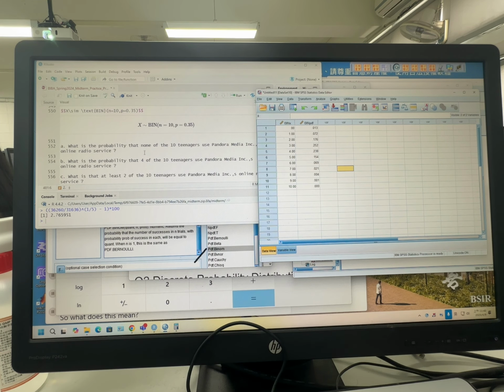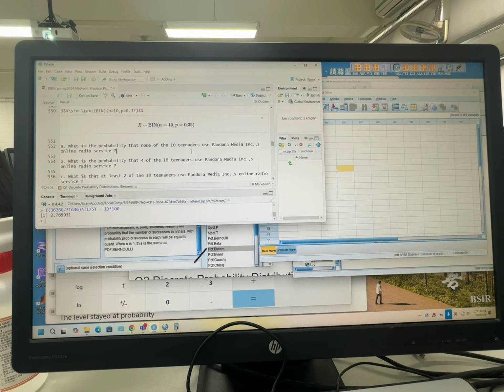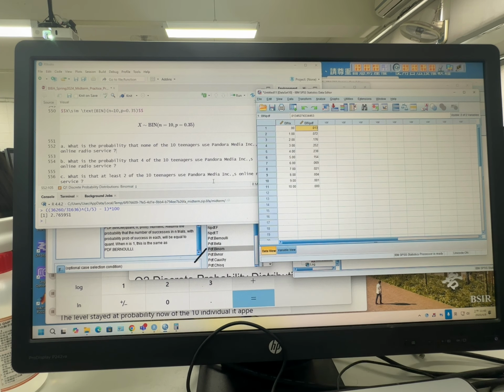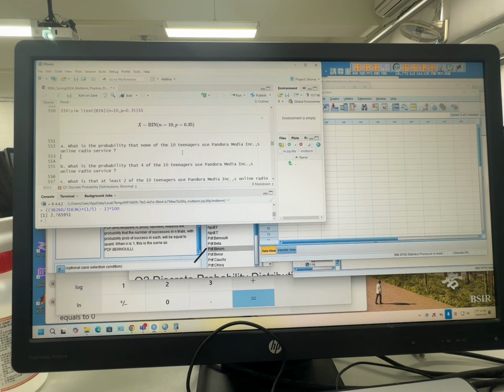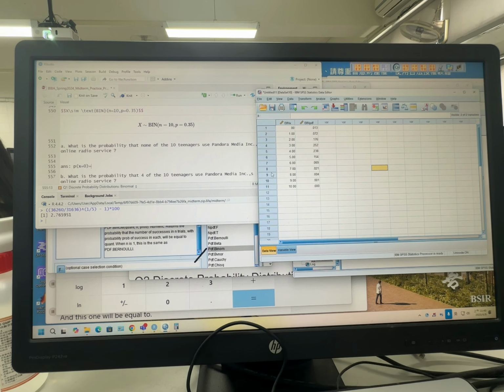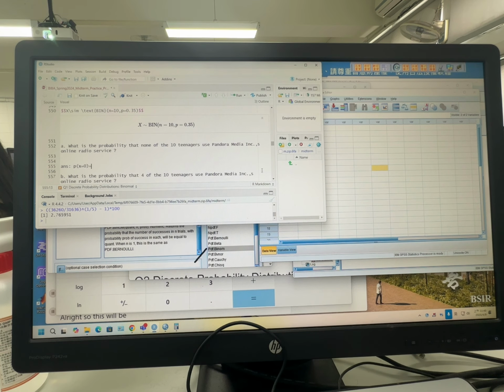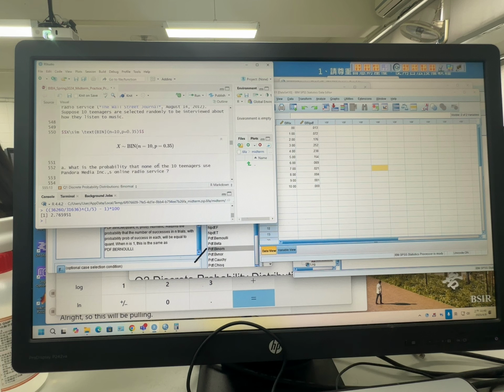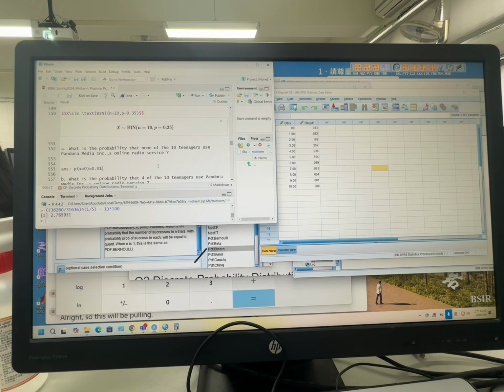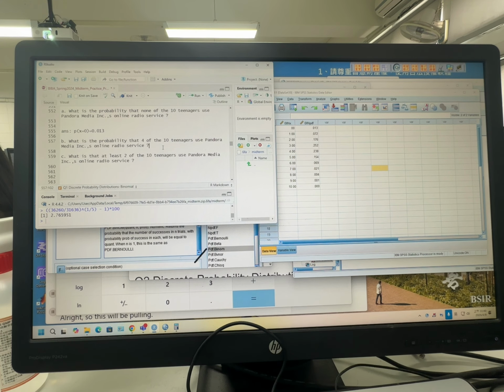That would say the probability that none of the 10 is P equal to 0, and this one will be equal to, alright, so this will be 0.013, okay, and this one is P equal to 4, okay, 0.238.